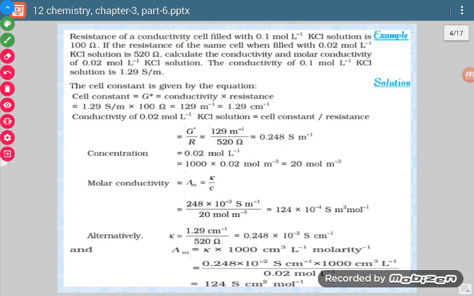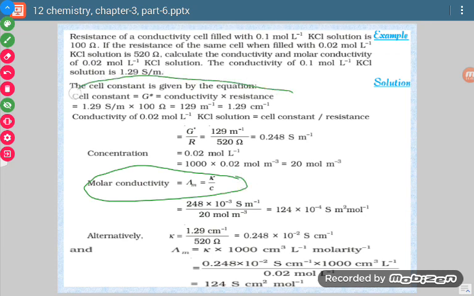Now let us solve one question on the basis of whatever formulae we have done till now. We have done that molar conductivity or molar conductance lambda m is equal to kappa by c. One more formula we have done is that cell constant is equal to the product of conductivity and resistance.